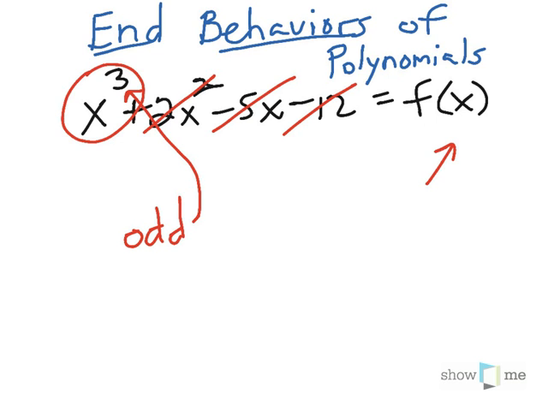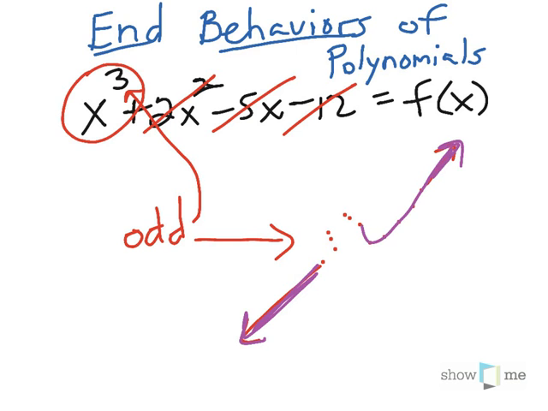The function at the right is going to be increasing and going up. Then there might be some stuff happening in between, and we don't really care about all that. At the left, it's going to be going down. So an odd exponent means it's going to look like that. I'm drawing arrows all over the place here, but this is the key: it's going down to the left and up to the right, and it may have all kinds of stuff in between, and we're not too worried about that at this moment.